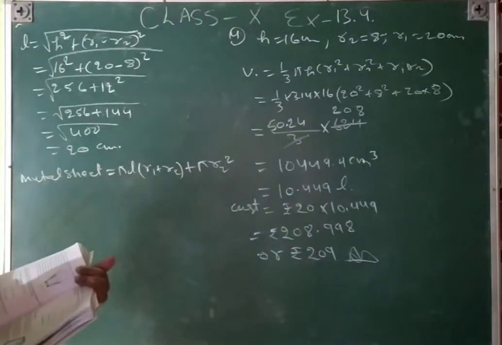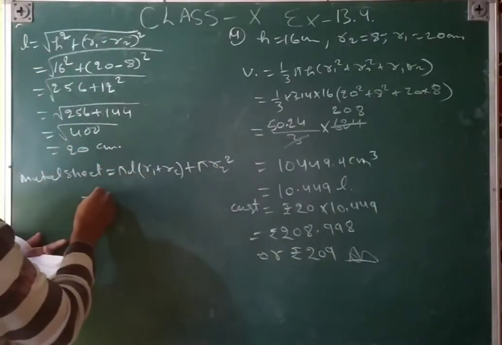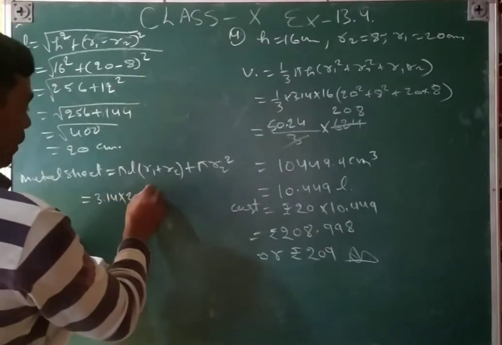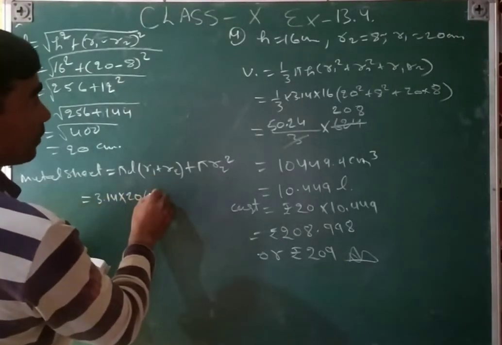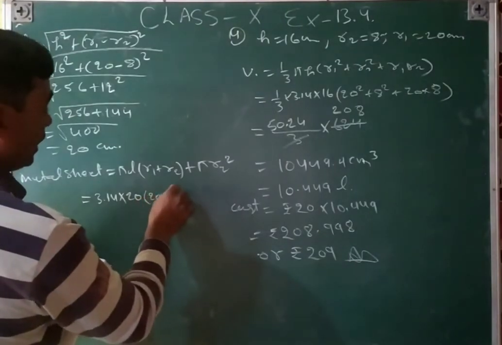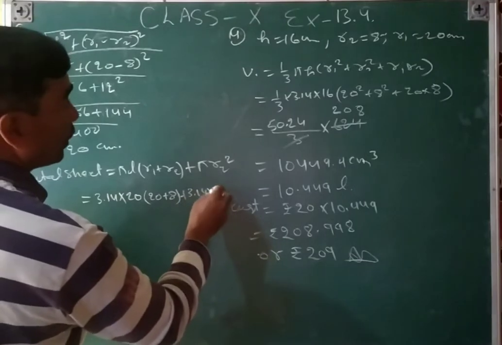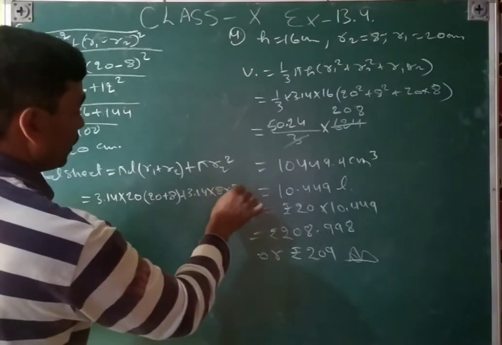So that is 3.14 multiply L is 20, R1 is 20 plus 8, plus 3.14 into 8 into 8.